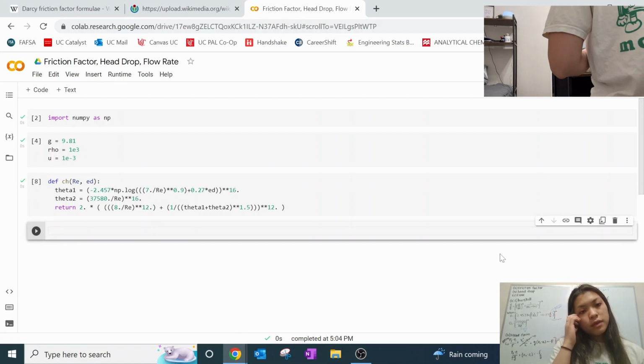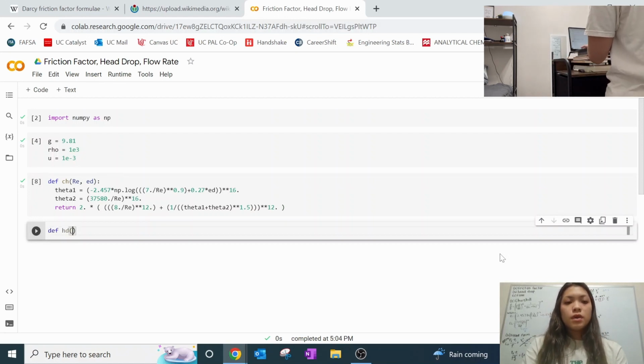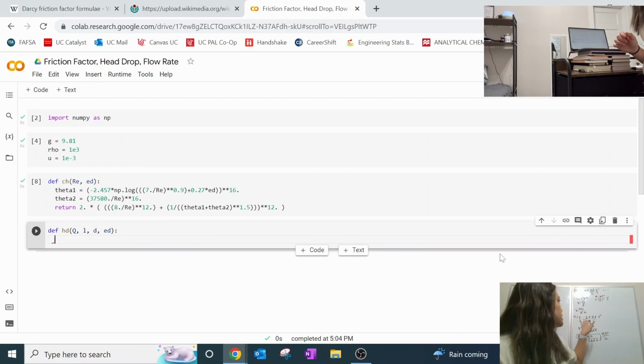So now that we have the friction factor function, we will need to define a function for the head drop. And so for the head drop, we will need flow, the length, the diameter, and the roughness of the material. And this comes from this equation here.